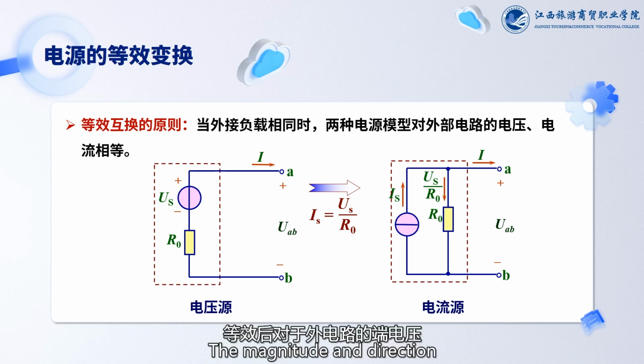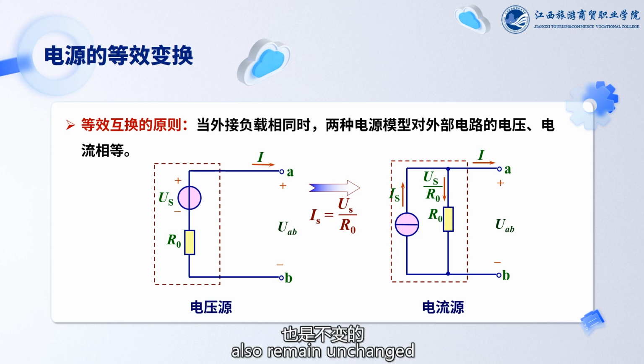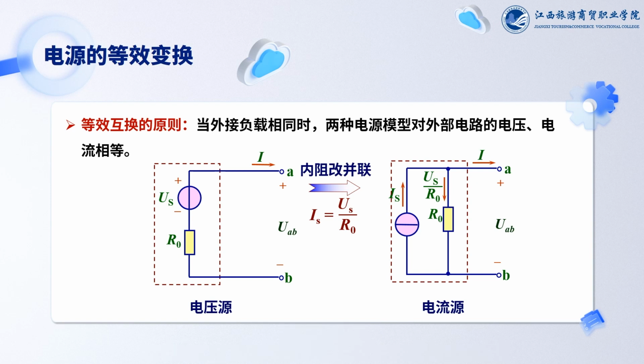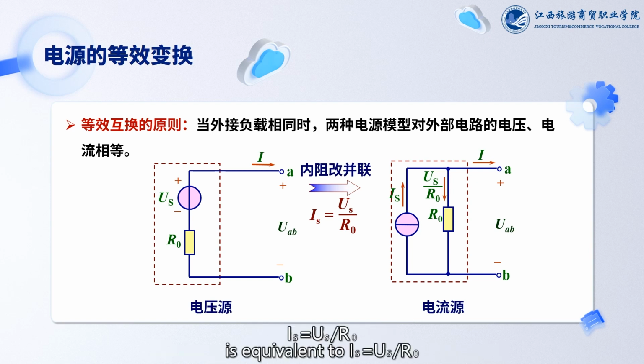The magnitude and direction of the terminal voltage and current for the external circuit also remain unchanged after the equivalent transformation. If we change the voltage source into a current source and change the internal resistance into parallel, the current of the equivalent current source is I sub s equals U sub s over R0.